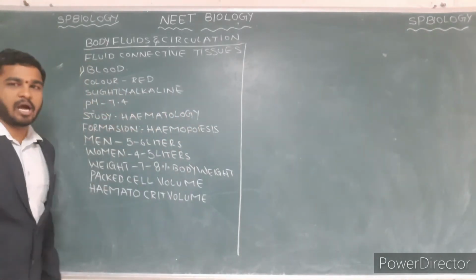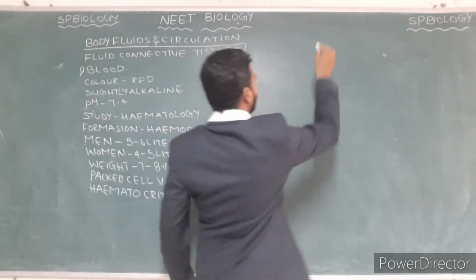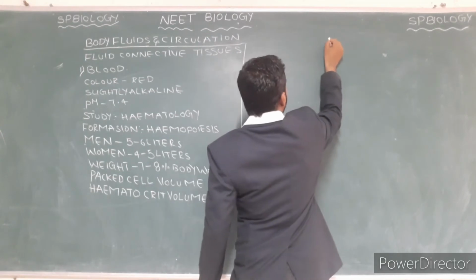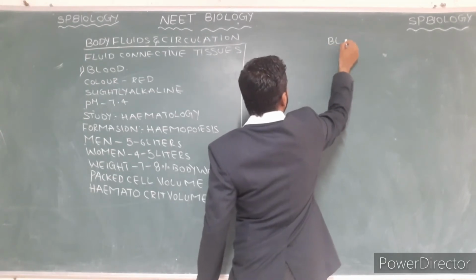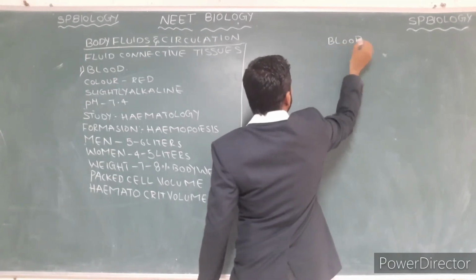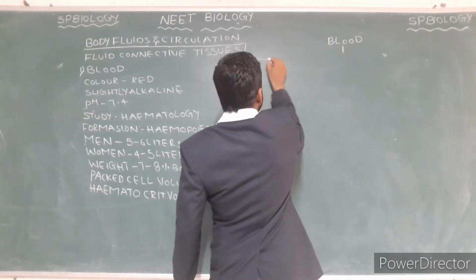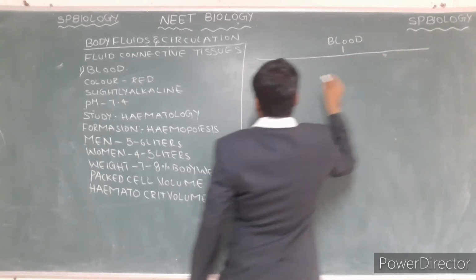If you see the composition of blood, it mainly consists of plasma and formed elements.